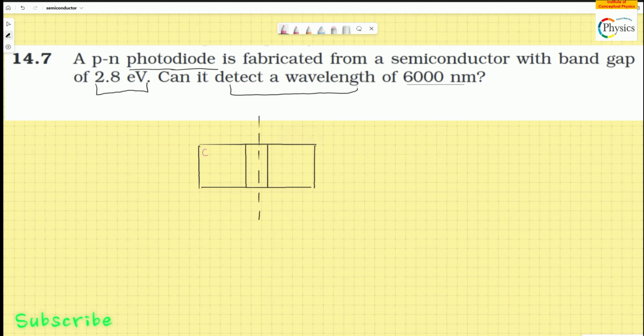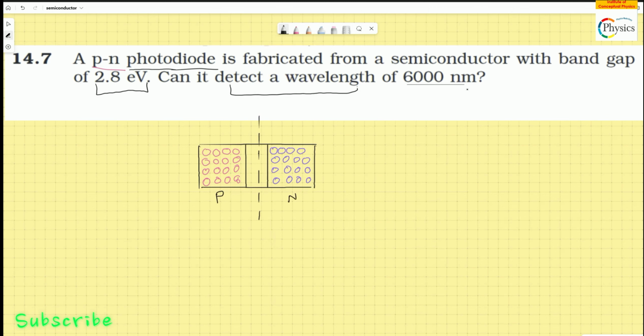And so you have this boron impurity, and then on the right hand side, you have the N type semiconductor because it is given it's a PN photodiode. So on the right hand side, what we will do is we will draw the N side of it. And okay, I'll just draw this quickly so that we can concentrate on the main topic. So that's your P side, and you have N side, right?